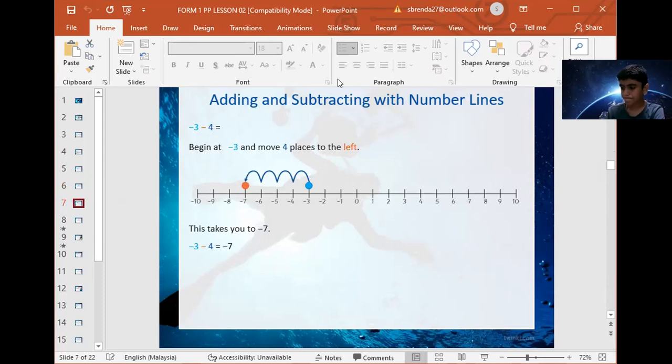-3 minus 3. Now, what does this mean? You are already at -3, all right? You are here, but this time you are adding more weights. You see, minus means you are adding the weights. So it's going to push you even further down the line.